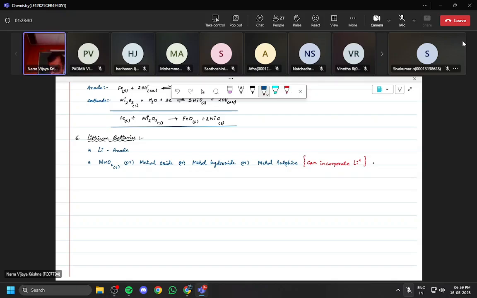So this will act as cathode. Now, some electrolyte must be there. So some soluble salt of lithium should be taken as electrolyte. Generally we take lithium perchlorate, LiClO4, dissolved in some organic solvent. This is taken as electrolyte.